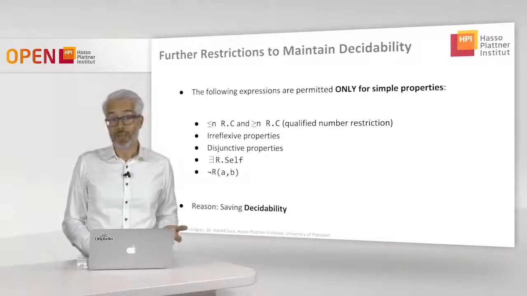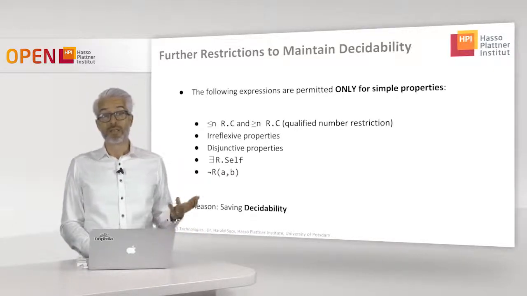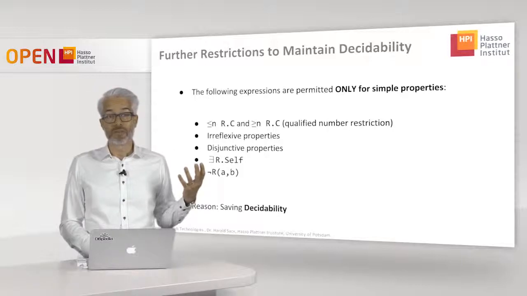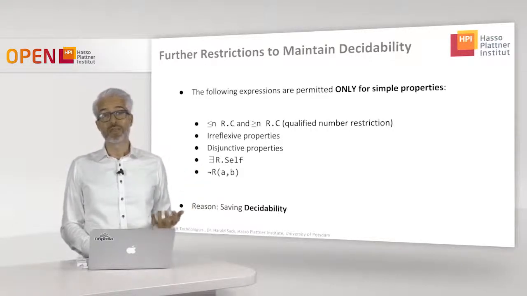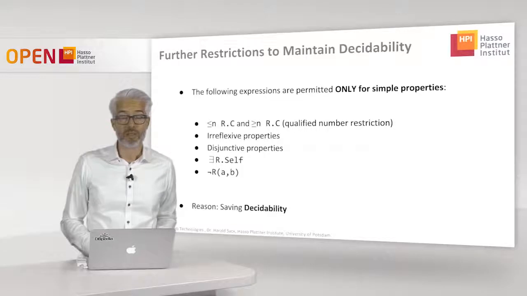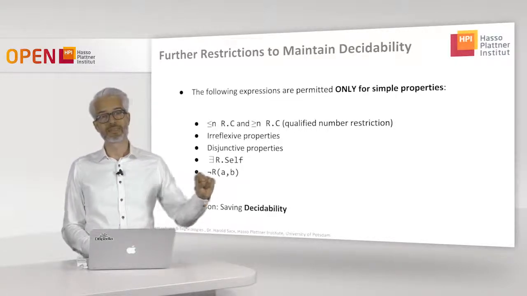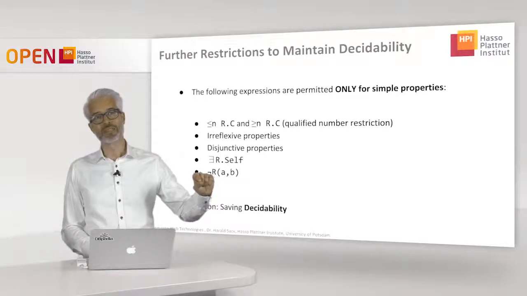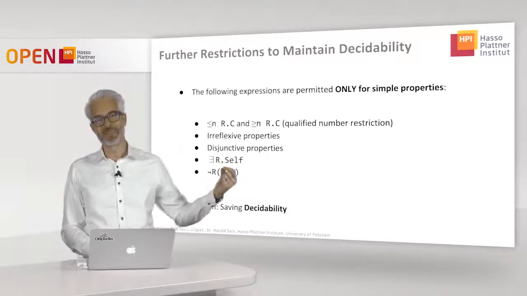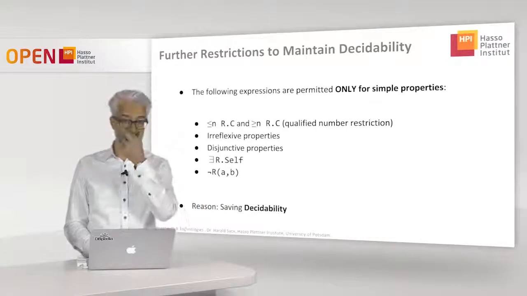And as well, it's not allowed to define a property chain to be irreflexive or disjunctive, or to apply it on itself, or to say there is a negated property instantiation when the property itself is non-simple. So this is only allowed for simple properties.